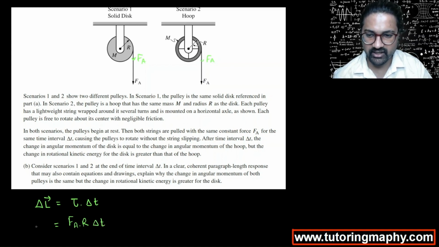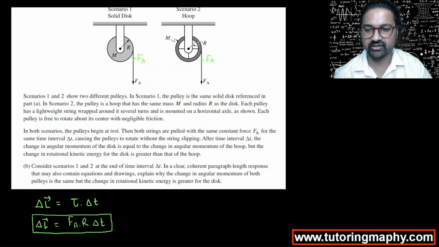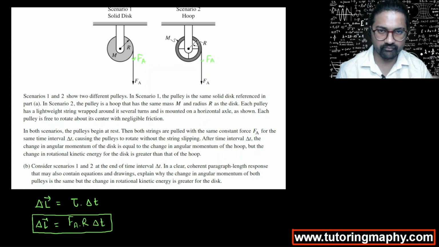So can we say that in both cases, the change in angular momentum has the same value, which is Fa times r times delta t? And that is the reason why their angular momentum change remains the same. Initial angular momentum is 0, right? So right now we have answered part 1, that is why the angular momentum is the same.